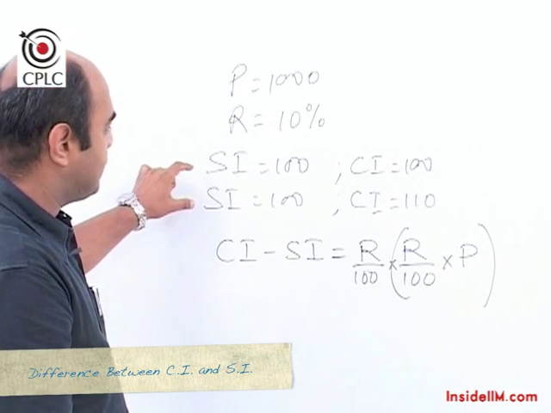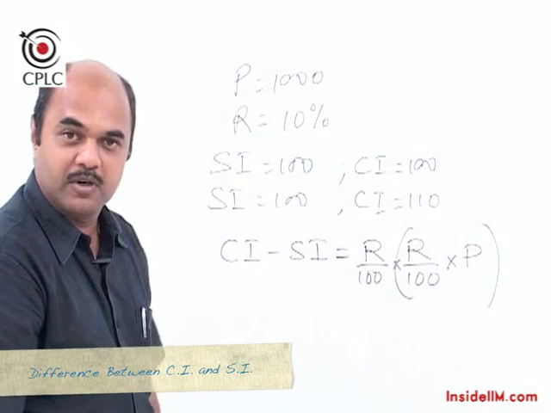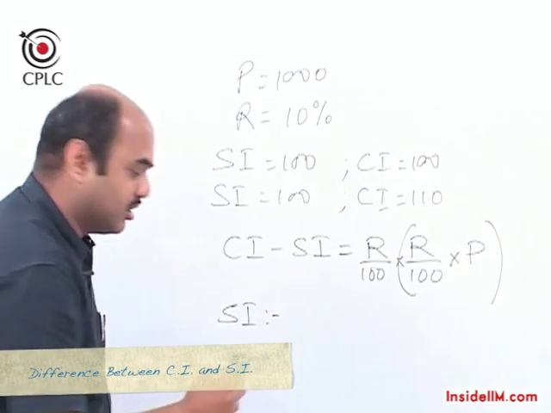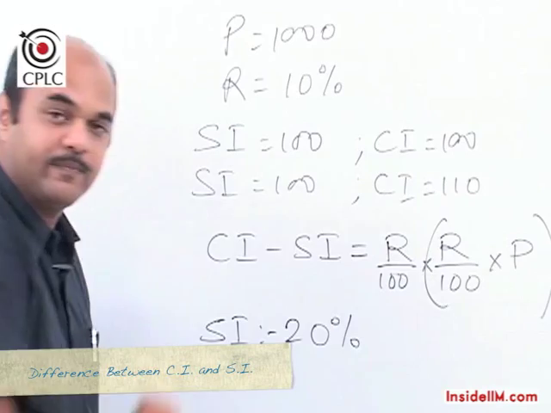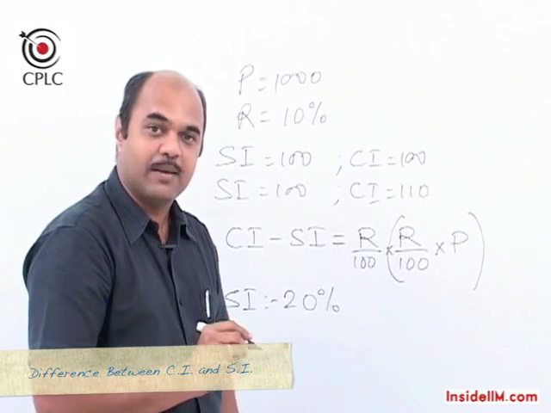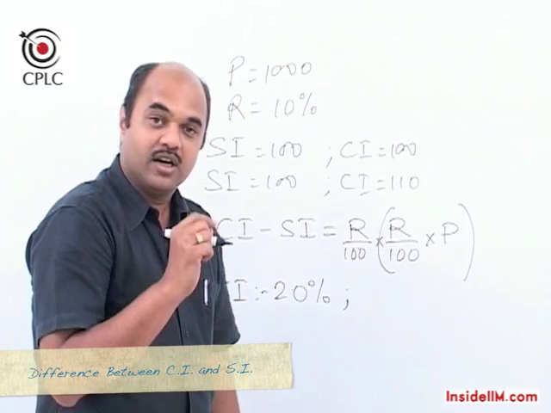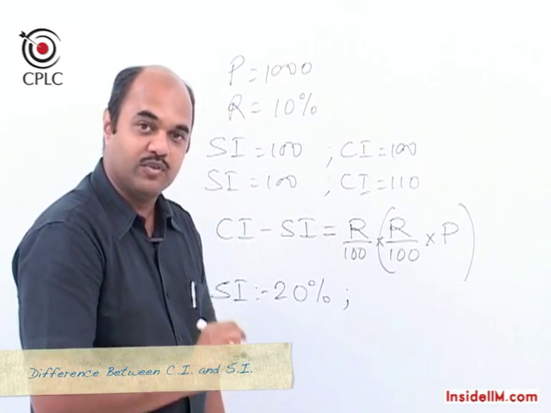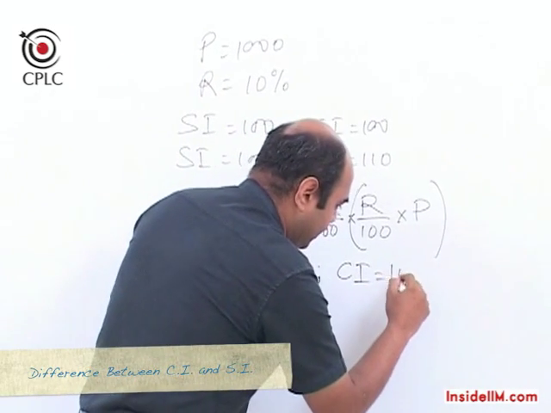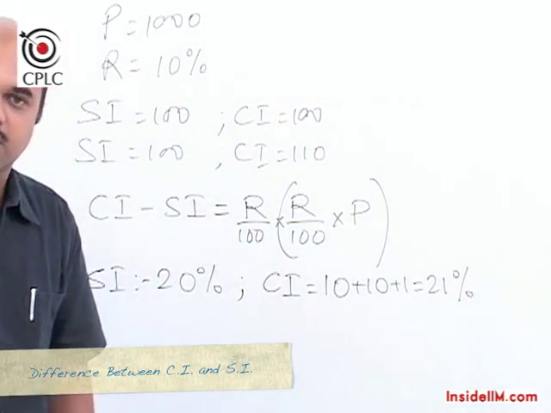If I look at simple interest, since the principal does not change, if the rate is 10% per annum, then over 2 years the simple interest return would be 20%, whereas in compounding, since we have already seen that it is an application of successive percentage changes, which means a 10% increase successively over 2 years, the return in compound interest would be 10 plus 10 plus 1, which means a 21% return.